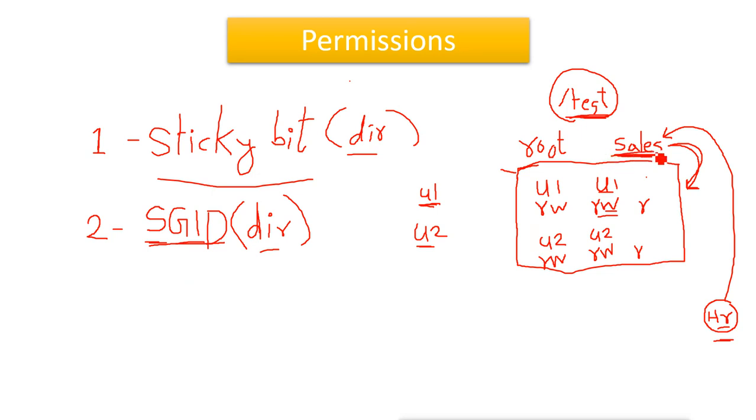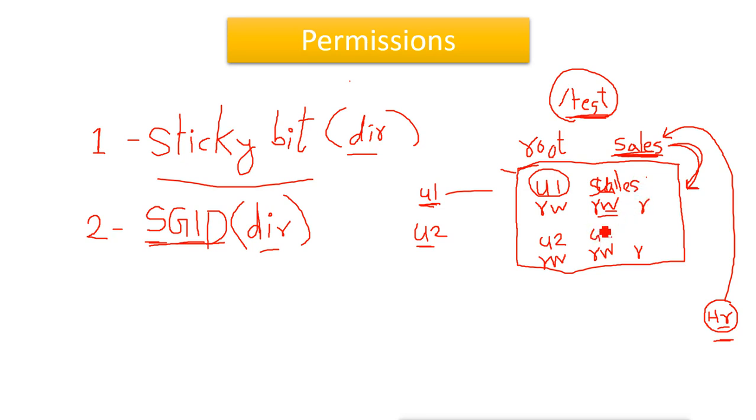Now what happens after that? No matter who creates the file, if suppose user 1 creates the file, the owner user will remain user 1, but the group owner will be the group owner of the directory. That means the group ownership will be inherited from the directory to all the files inside.